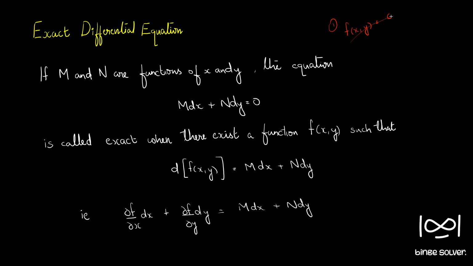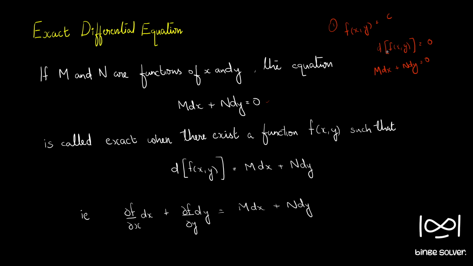What do we get if we differentiate this equation f of x, y equal to c? We get d of f of x, y equal to 0, right? What is d of f of x, y? As per our definition, it is M dx plus N dy equal to 0, which is our differential equation. So this becomes a solution.